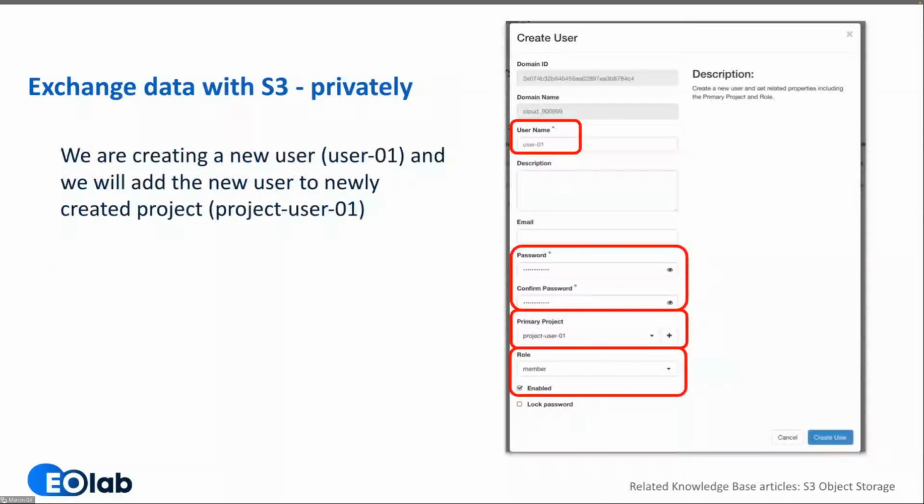So I now create the user one and give password and attach, show to which project it can have access, and the role should be member. But in real life, this user one can be just another user who has projects in your lab cloud. So you can also give credentials to this other user. But for the sake of this presentation, I just created a new user and a new project just to show how it works.